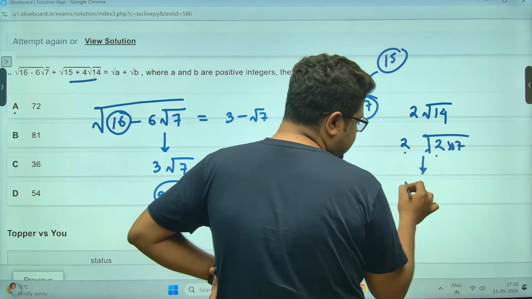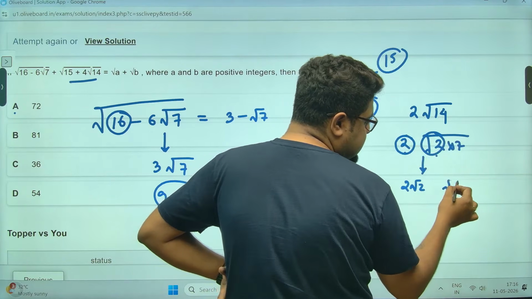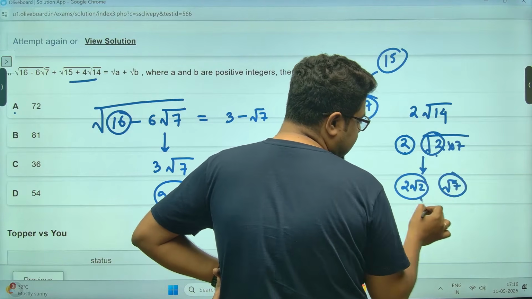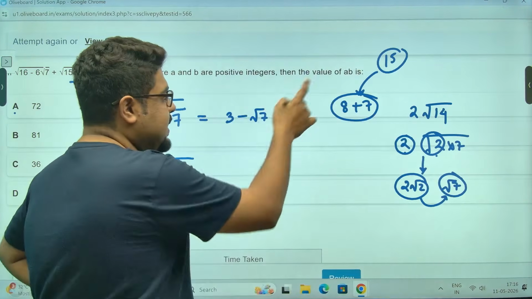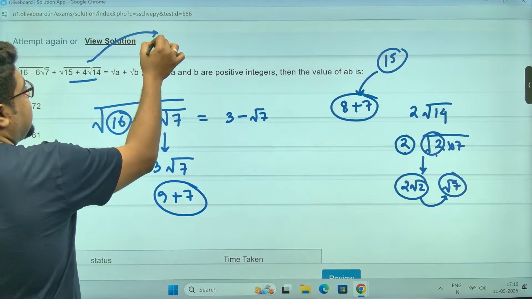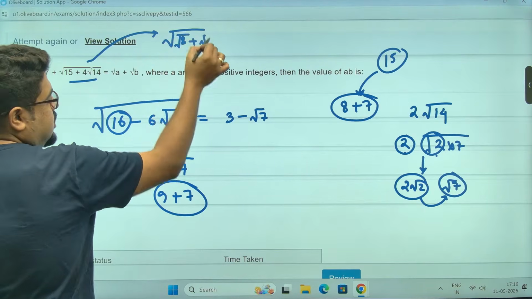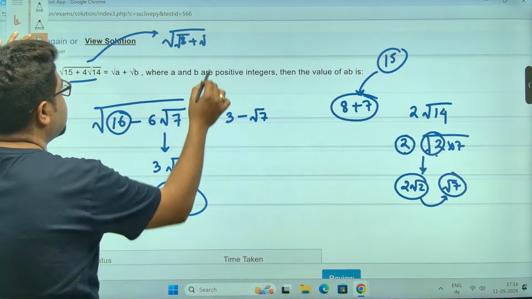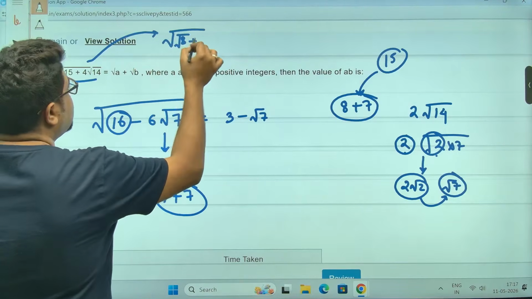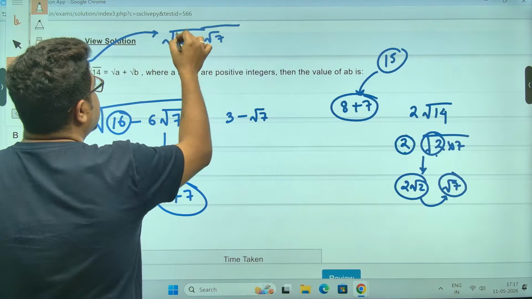What I've done, sir, I have taken this as 2 root 2, this 2 along with this root 2 and root 7 together. 2 root 2 meaning 8. 8 plus 7 gives you 15. So this particular thing I can write as root of root 8 plus root 7 whole square.